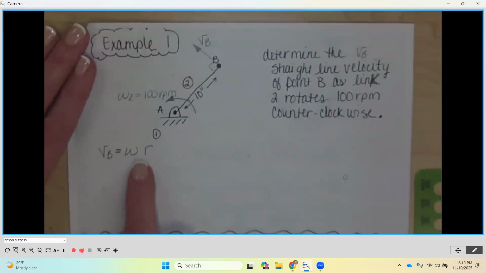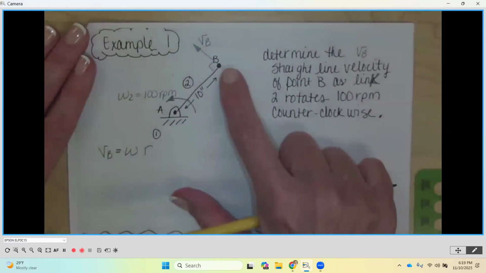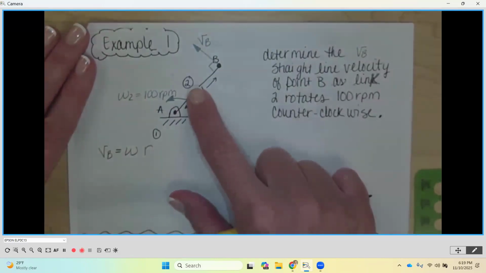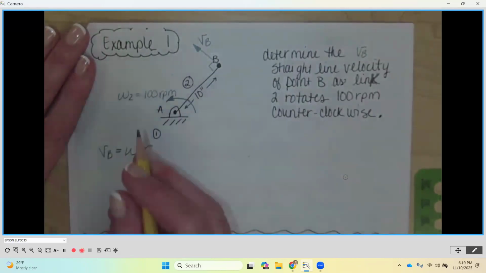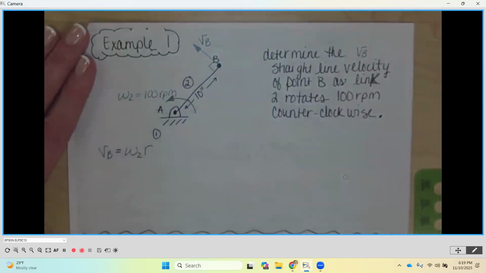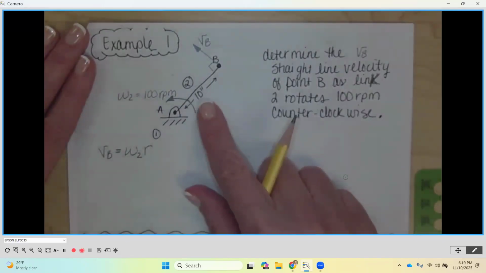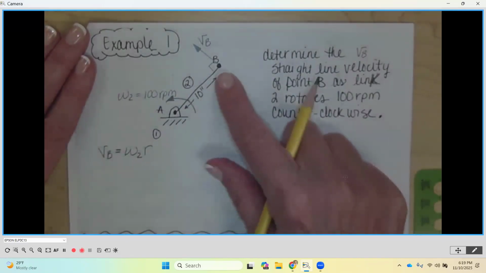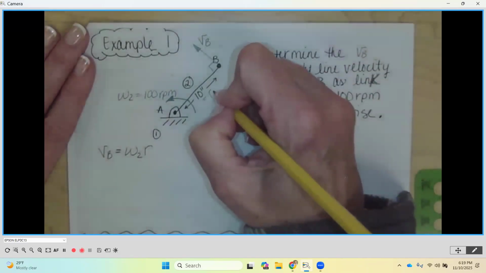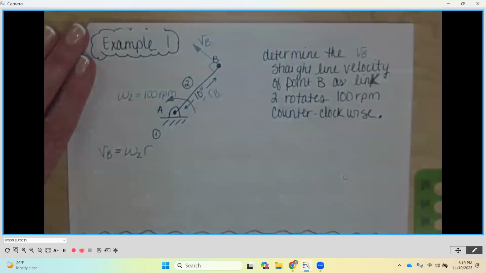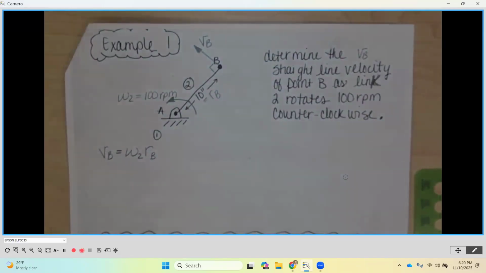Because point B is on the end of link number 2, the angular velocity we're going to use is W2. Okay. And then the radius, the distance from the center of rotation out to that point, is going to equal R sub B. We're going to put a B in back of this because it's the radius to point B.